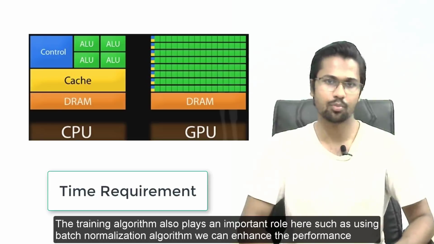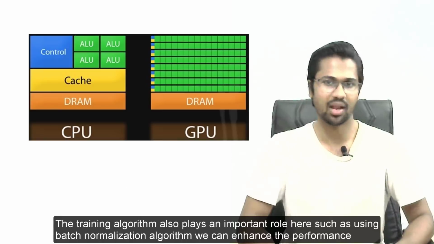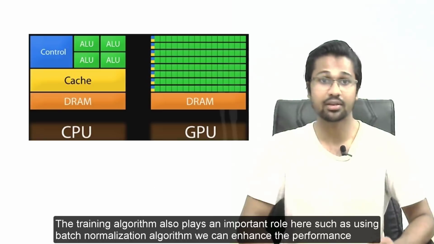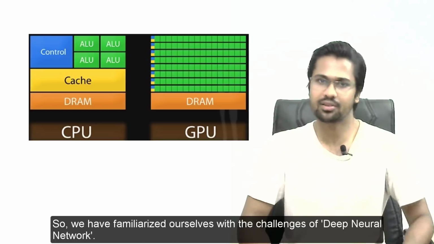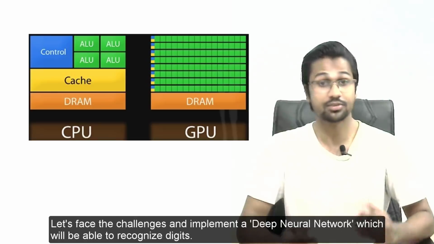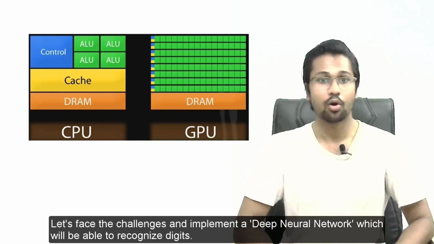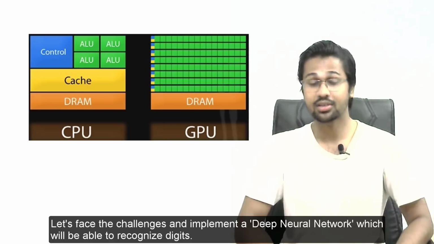The training algorithm also plays an important role here, such as using batch normalization algorithm can enhance the performance. So, we have familiarized ourselves with the challenges of deep neural network. Let's face the challenge and implement a deep neural network which will be able to recognize digits.